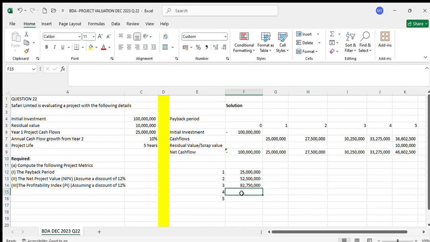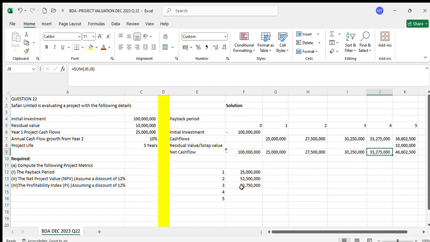Then the 4th year, remember now we have already recovered 82,750,000 and it was 100 million. So in year 4 we are making a cash flow of 33 million. So it means we are covering our amount before the end of the 4 years, part of the 4 years.